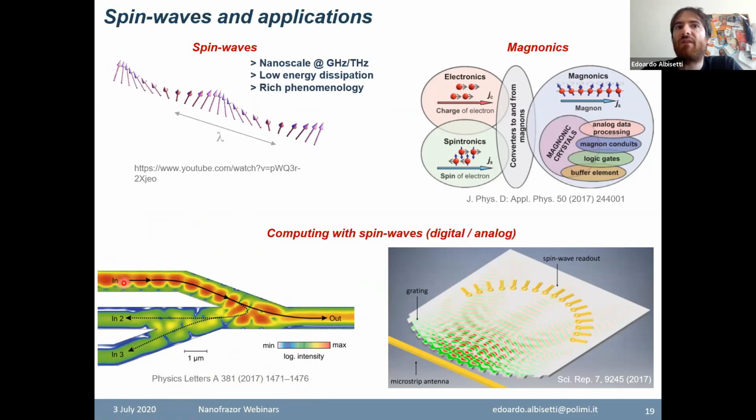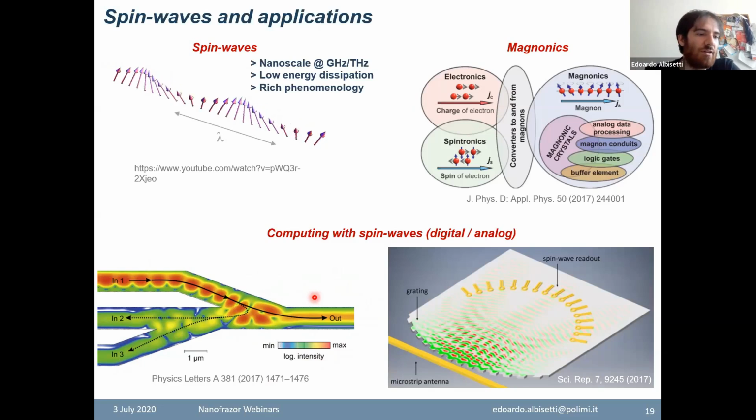So you have basically waveguides. You excite spin waves as an input. They interfere depending on the shape of the conduits and how they're joined with each other. Then you have an output that is high amplitude or low amplitude, depending on the interference and on the spin wave path that each one of the inputs has. And you can basically have a logic function by building this kind of structure.